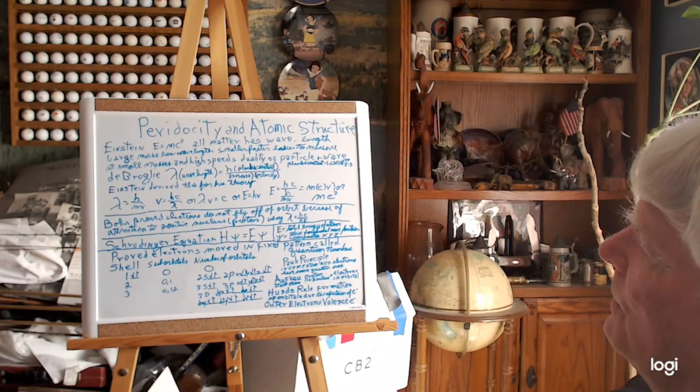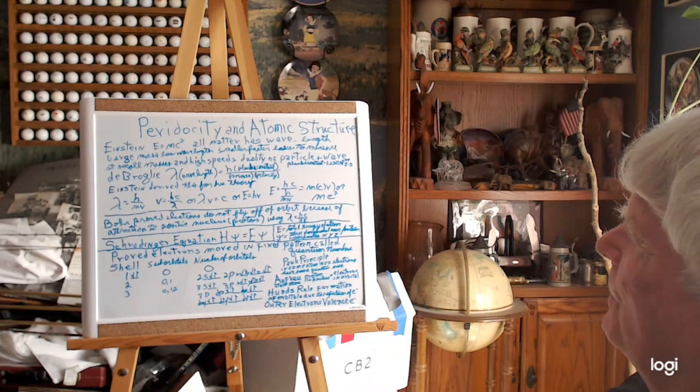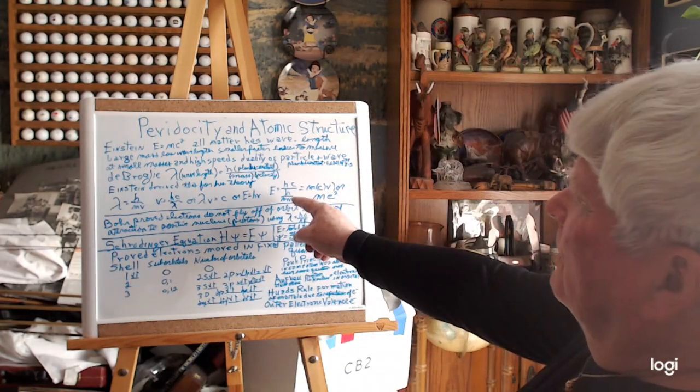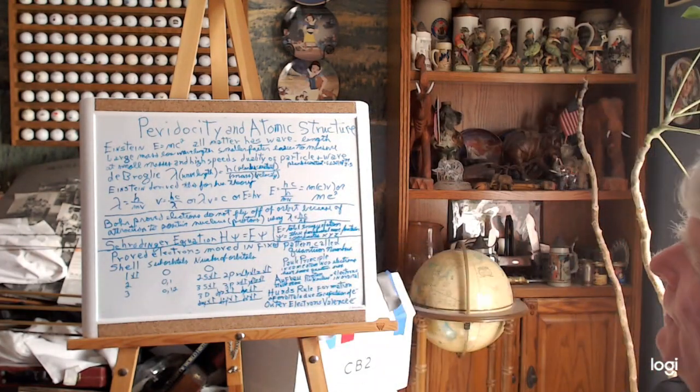So he substituted everything back in and said that E is equal to Planck's constant times the speed of light divided by what was equivalent to wavelength back here, which is Planck's constant over mass times velocity.